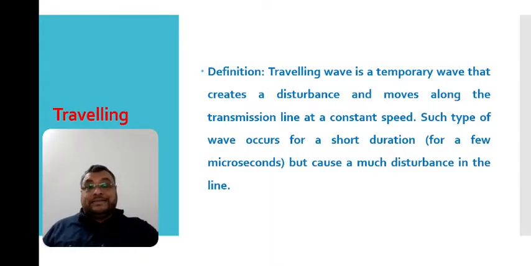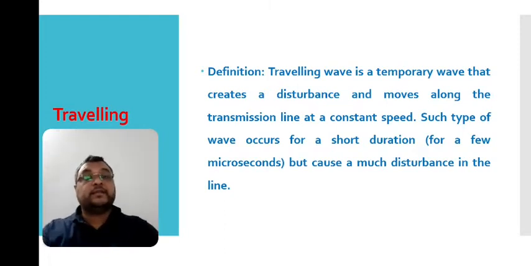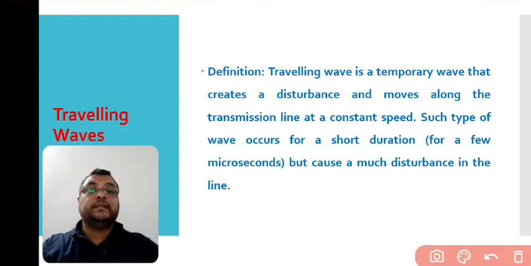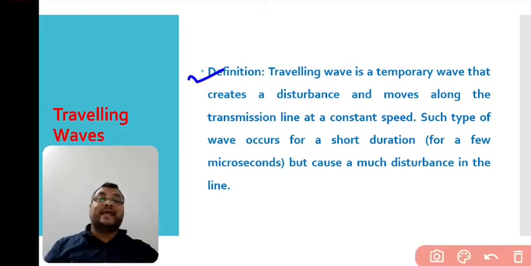So we will start with the definition of traveling wave. The definition says that a traveling wave is a temporary wave that creates a disturbance and moves along the transmission line at a constant speed.